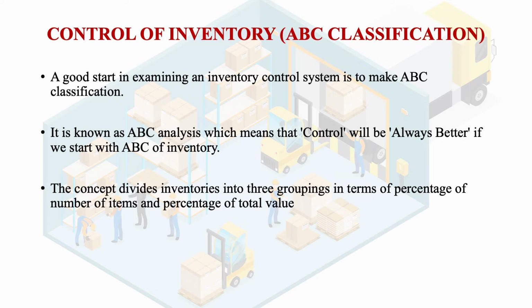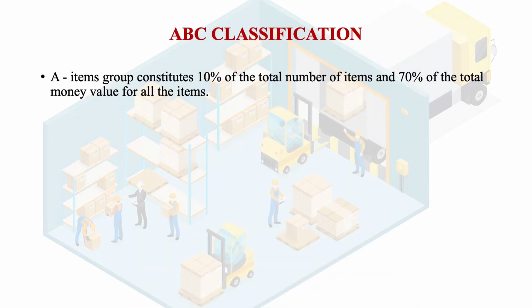The concept divides the inventories into three groupings in terms of percentage of number of items and the percentage of total value. We will show you one figure and try to explain it. A item group constitutes 10% of total number, but it covers 70% of total money value for all items.